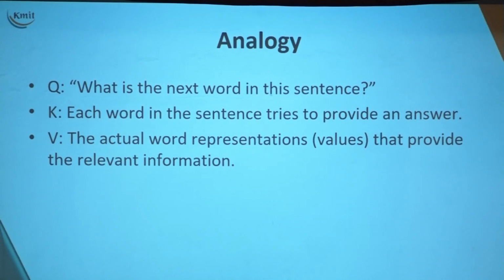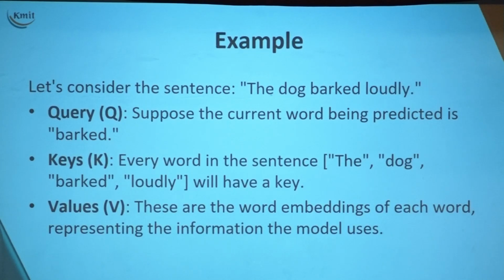Quickly see a simple example to understand it better. So what are we doing here in this particular example? The sentence is, the dog barked loudly. So what is the query? For example, you want to have the current word being predicted as, say, barked. Suppose, so barked will be your query.